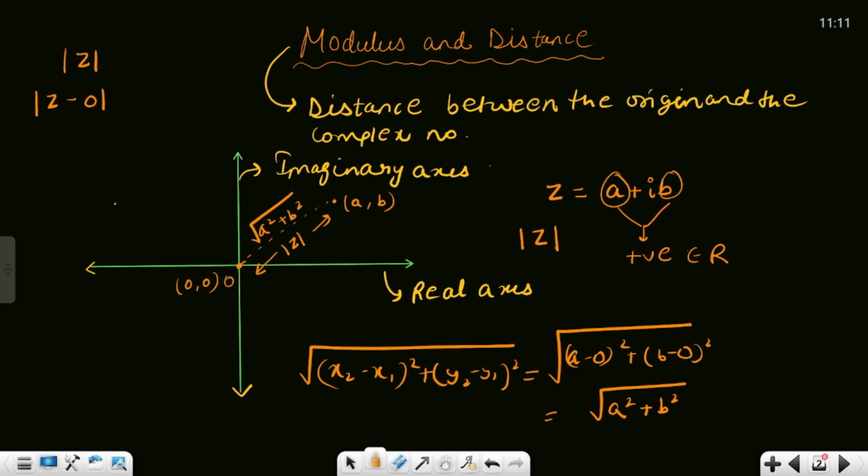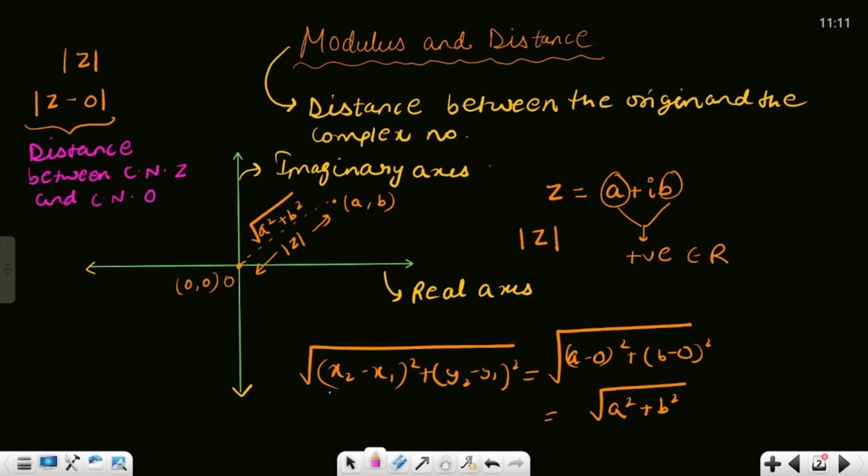It is the distance between complex number z and complex number 0. I am representing complex number as Cn. So z minus 0 modulus represents the distance between complex number z and complex number 0.